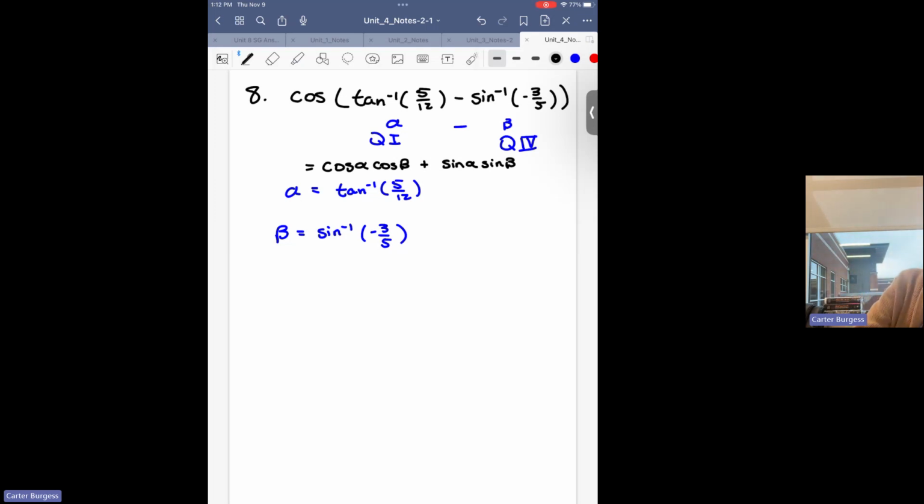What is maybe a way that I could rewrite that alpha is equal to tan inverse of 5/12? Think of this as kind of like what we did with exponentials versus logarithms. How could I rewrite this to make sense of what this is trying to tell me?